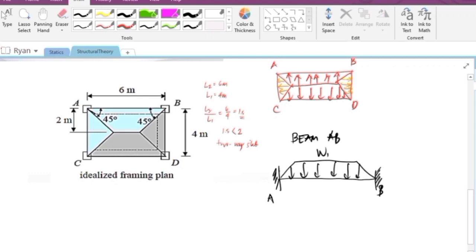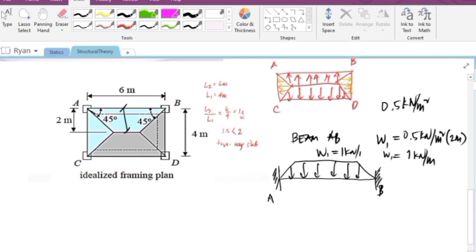Assuming that the load is the same as before, 0.5 kilonewton per square meter, W1 is equal to 0.5 kilonewton per square meter multiplied by the distance. We can see this distance is 2 meters, multiplied by 2 meters. So therefore, W1 is equal to 1 kilonewton per meter.